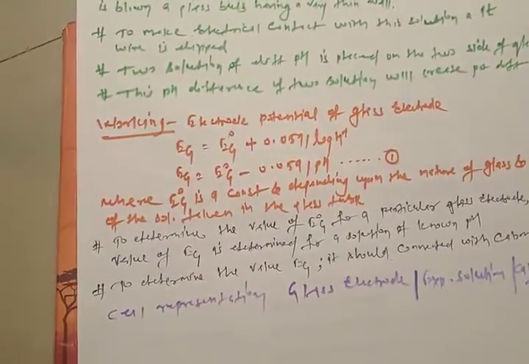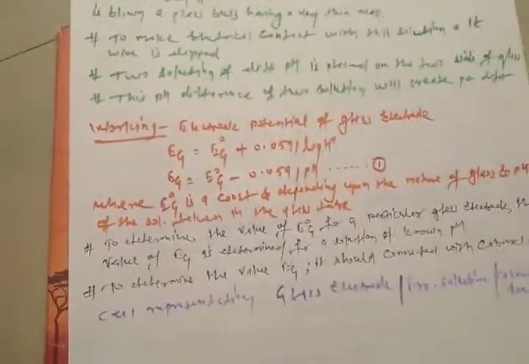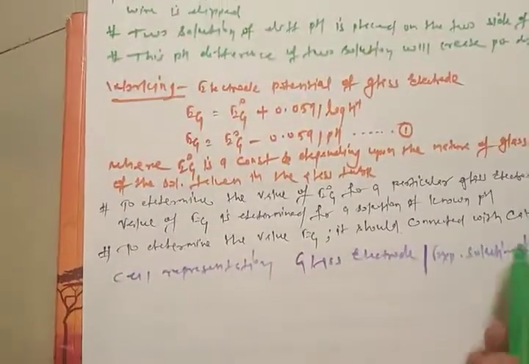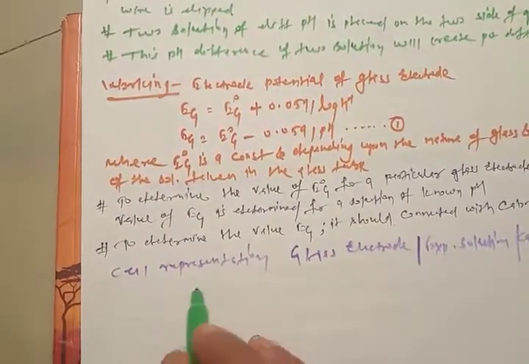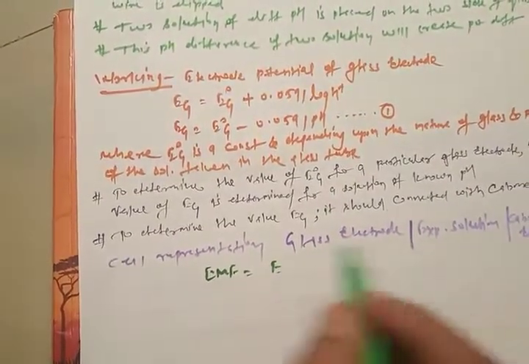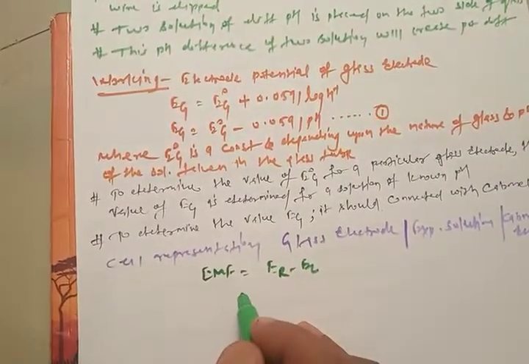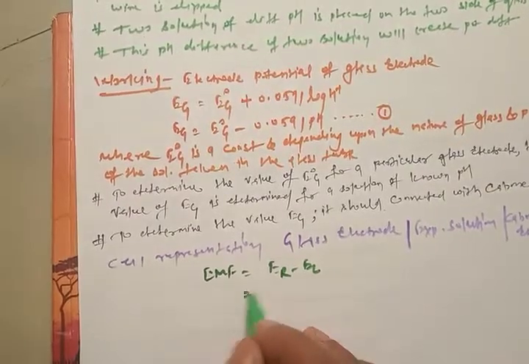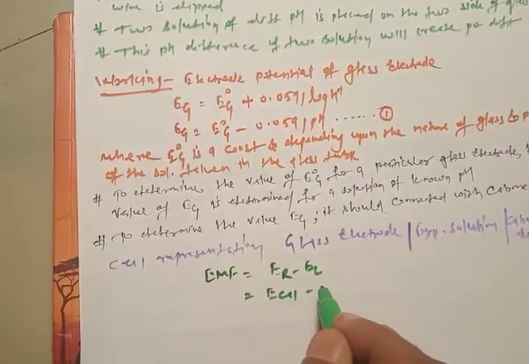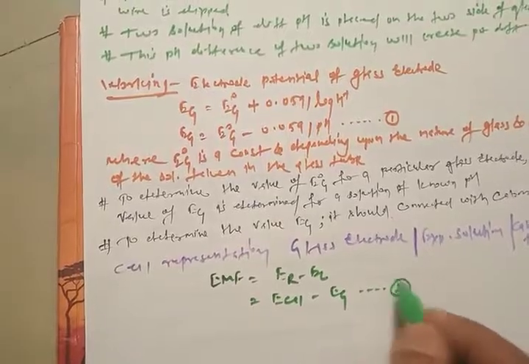So let's talk about the EMF calculation, because ultimately through EMF we have to complete the procedure. For the EMF calculation, this is the right hand side and this one is the left hand side. So EMF is ER minus EL, and we can write it as E calomel minus EG, second equation.